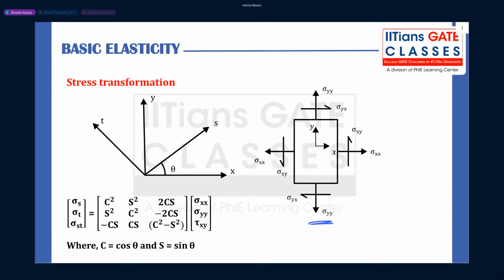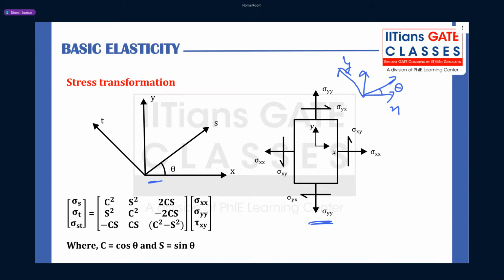Okay, good. Now, guys, you know stresses in X and Y direction. Yes or no? Now suppose I rotate this xy coordinate with some angle theta. I can rotate, right? You can see it is rotated.